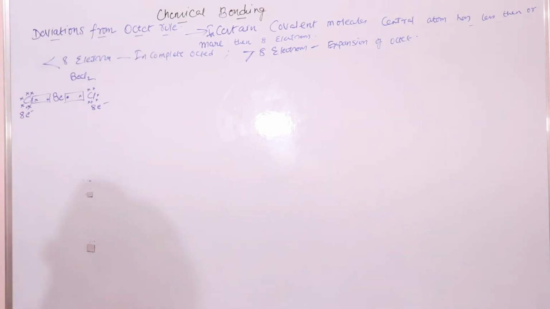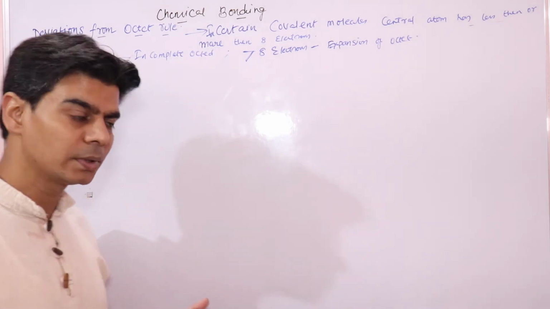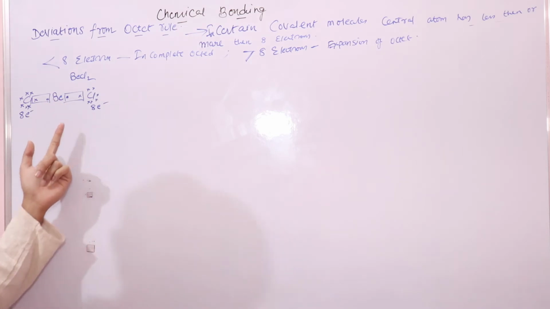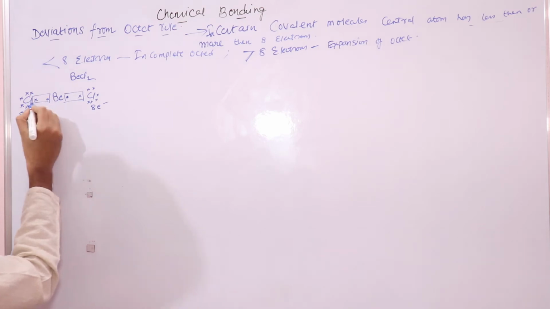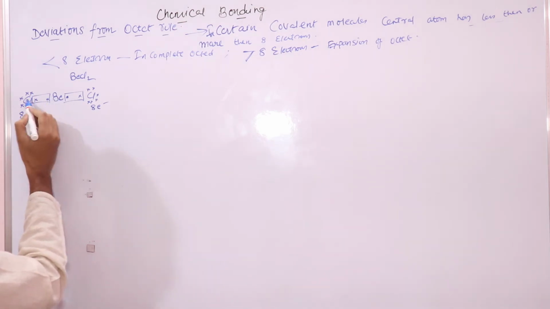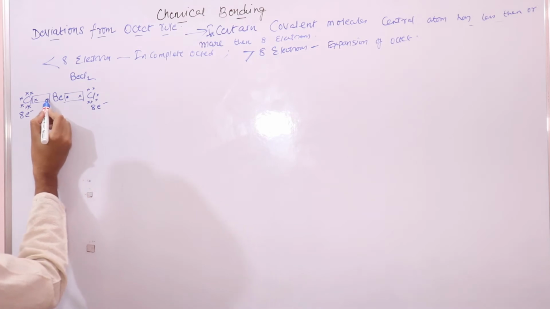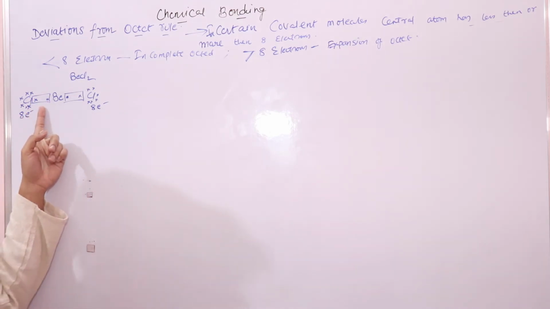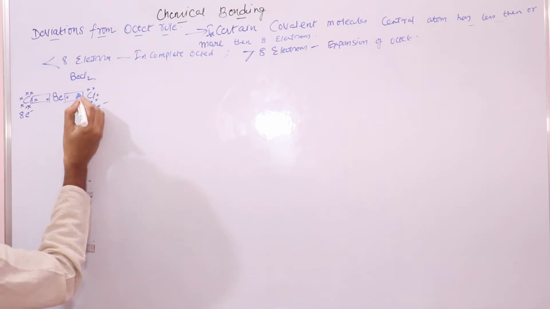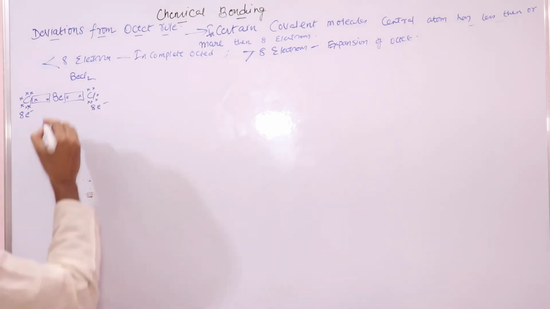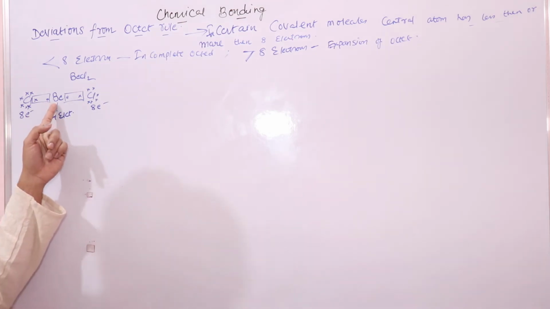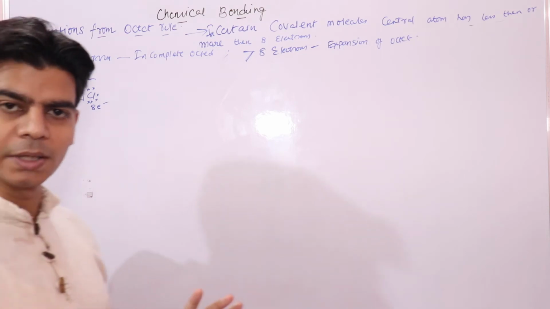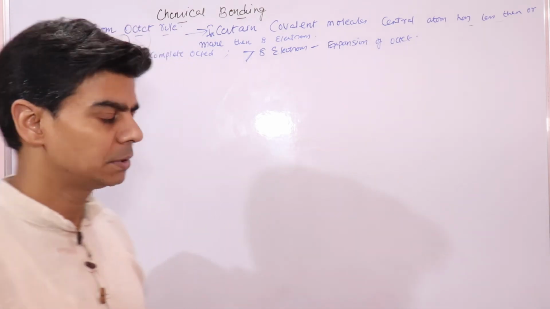But if you count, 2 electrons belong to beryllium atom itself and 2 electrons belong to the shared pair. This shared pair belongs to beryllium and chlorine, so due to this shared pair it has 2 more electrons. So the total is 4 electrons. The central beryllium atom in BeCl2 has 4 electrons. That is incomplete octet.